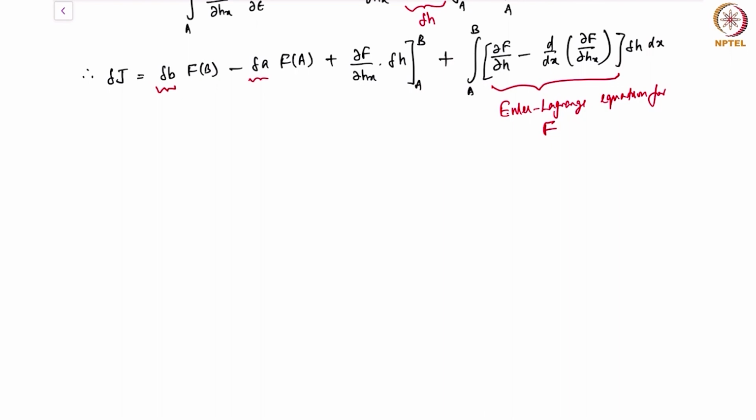Now you can write down that the variations of the contact line positions, let's call them delta A and delta B, that's what we have. These quantities are not independent of the height.